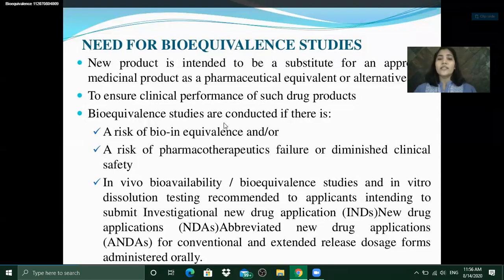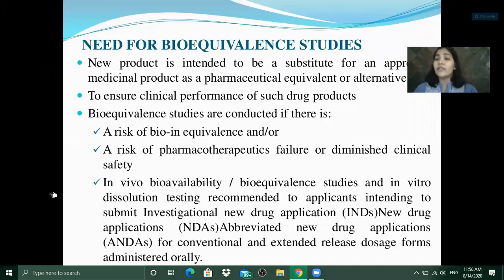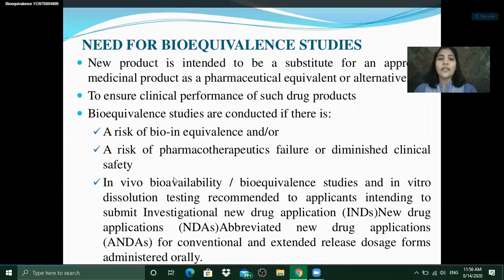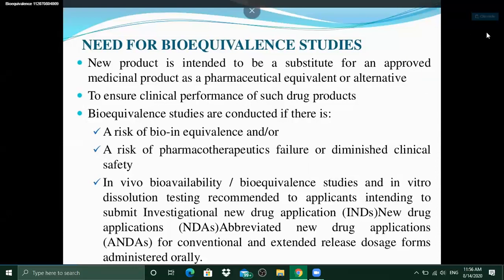Then bioequivalence studies are conducted if there is a risk of bioinequivalence. If you think that a product could be bioinequivalent, then those products are definitely put through bioequivalence study trials. Then there is a risk of pharmacotherapeutic failure or diminished clinical safety.